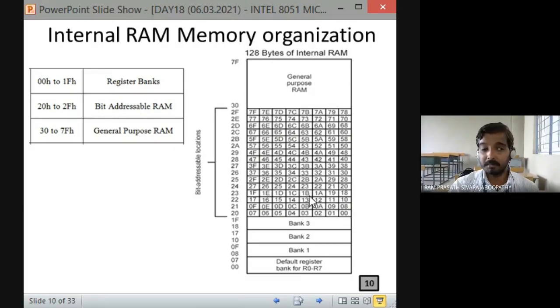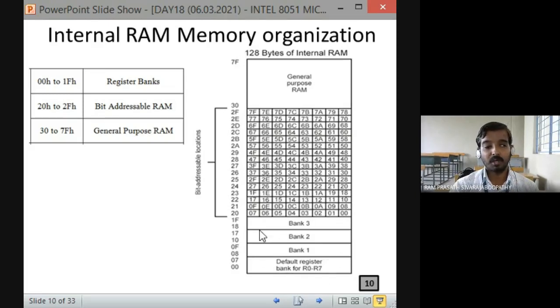Fine. It doesn't mean you cannot access RAM memory locations in the register bank area. When we go through the instruction set, you can have a clear idea about this. This 128 bytes of memory location is RAM only. But it can be viewed as 32 registers in the register bank area, which are grouped as 4 banks.